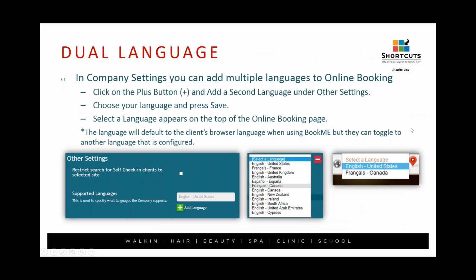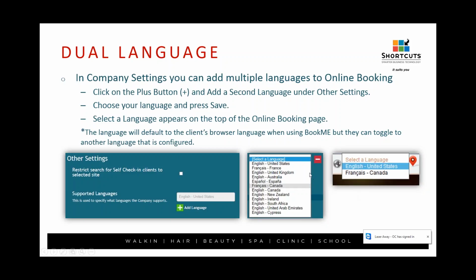All right, the next one is the dual language feature. So some of our friends in Canada are going to be very happy about this feature because they'll be able to display their BookMe screen in English or in French Canadian. Okay, so I can now have a dual language. I can have multiple languages where there's more than two as well if I'd like.